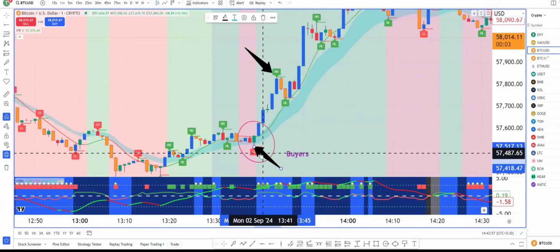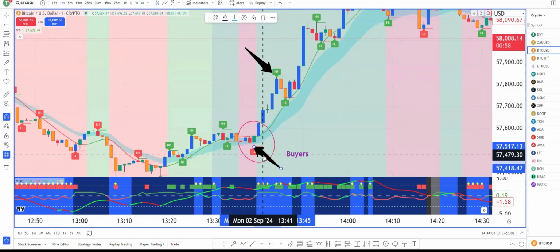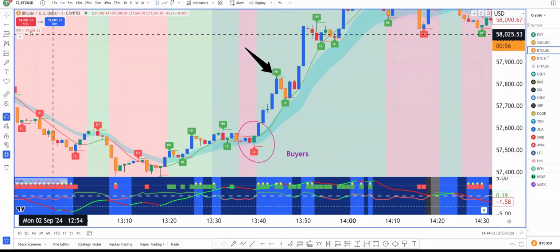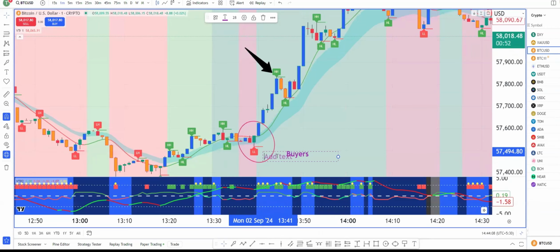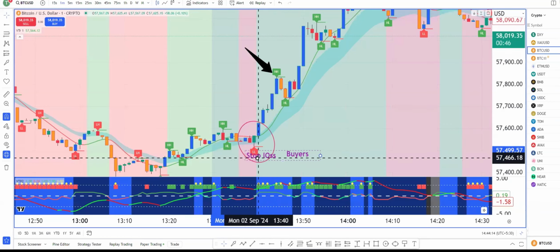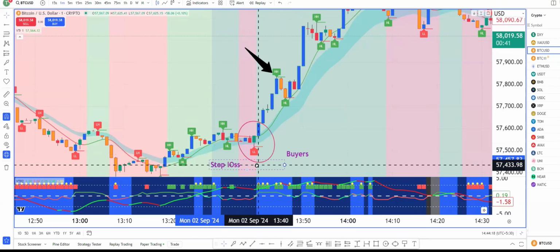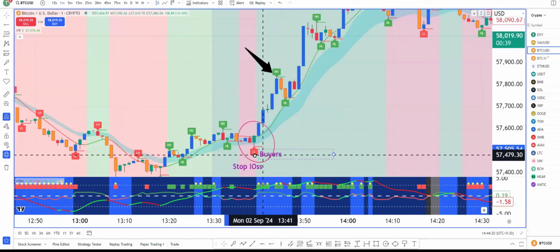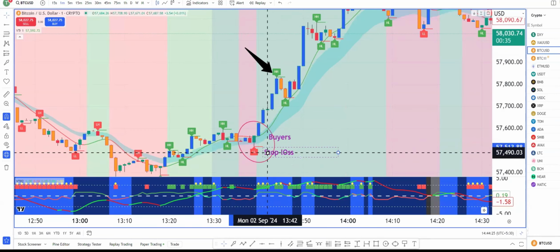Now, when the buyer comes in here, what will the buyer do? The buyer will have his stop loss at this level. This is how the big players trade. This is the stop loss for him, and this is where the buyers have come in, with their stop loss here.